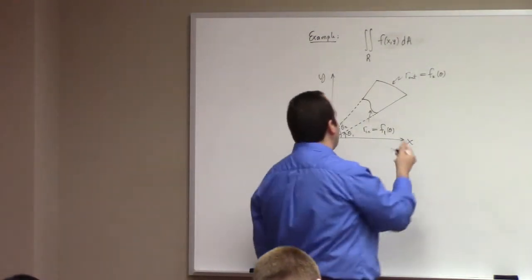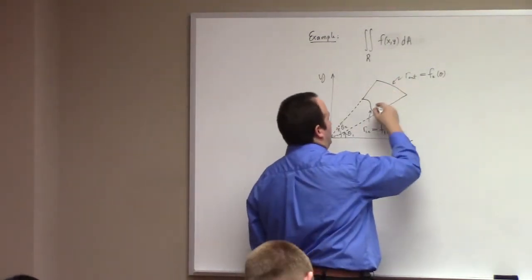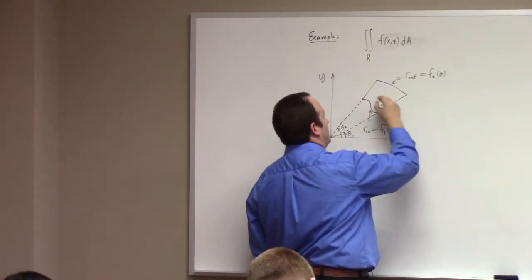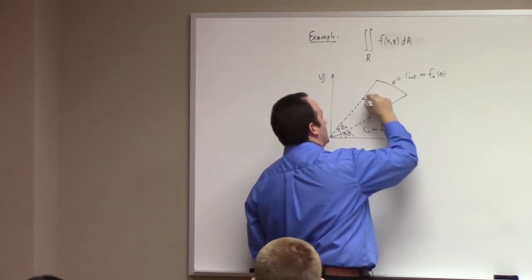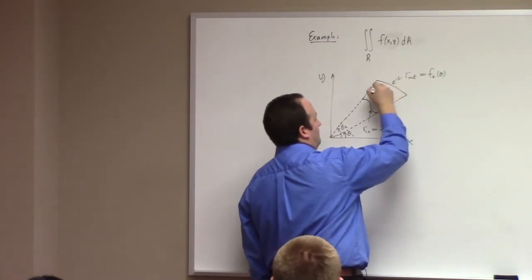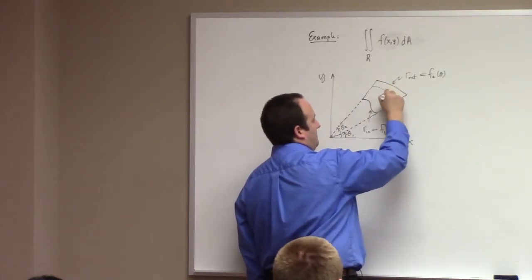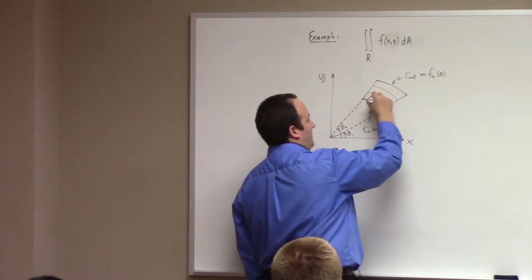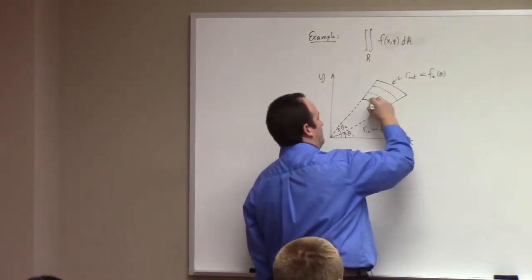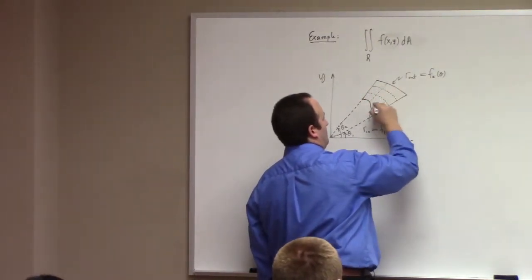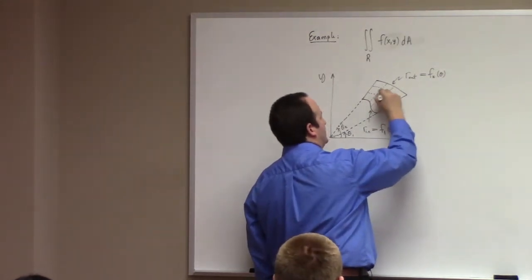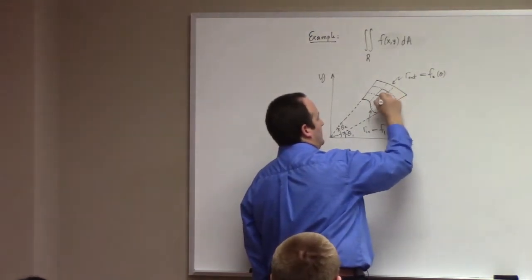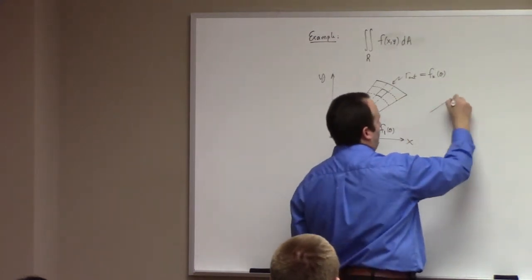The idea essentially is, let's go back to basics and think about parsing this up into a bunch of subregions. So it's something like this. You might look at this typical subregion right here, where I'm going to blow it up.